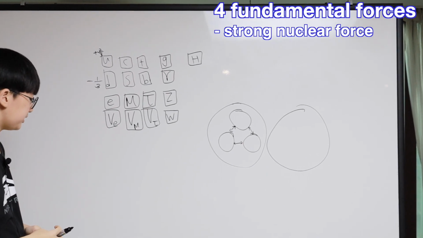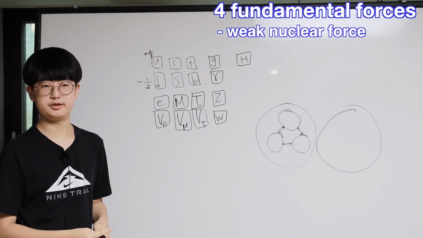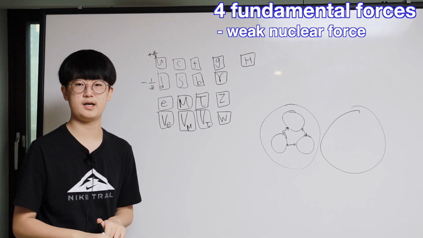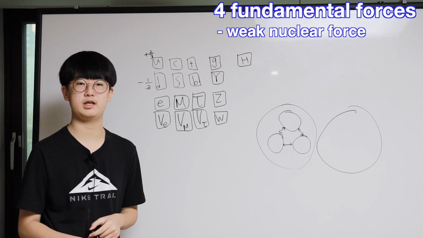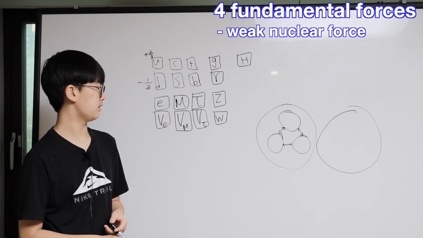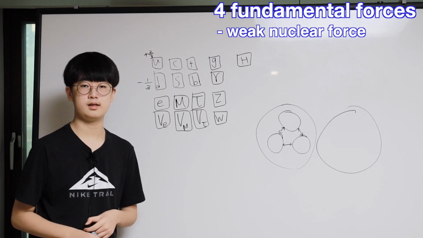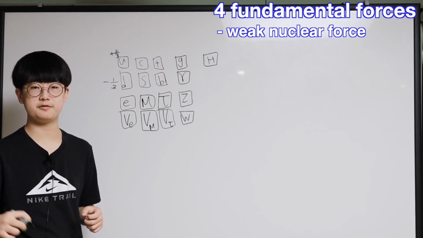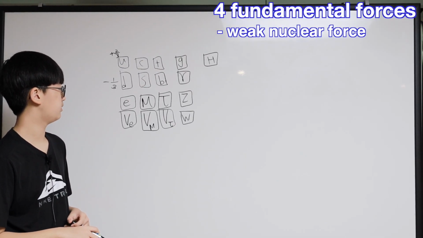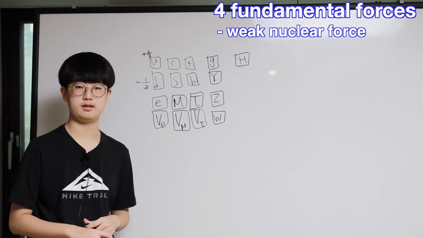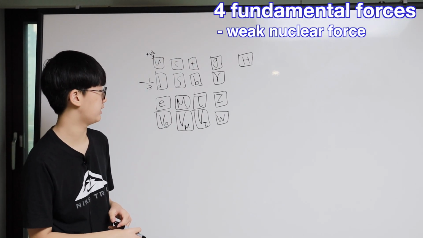And now finally there's the weak nuclear force, which is about 10,000 times weaker than the strong force. And what the weak force does is it makes beta decay happen.